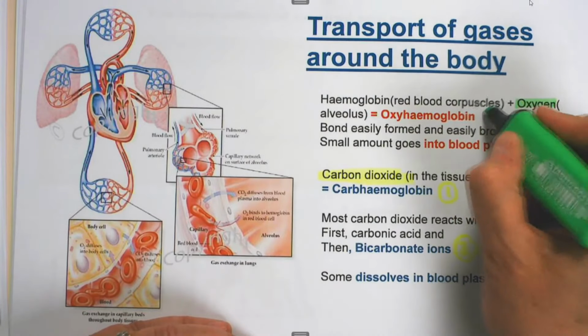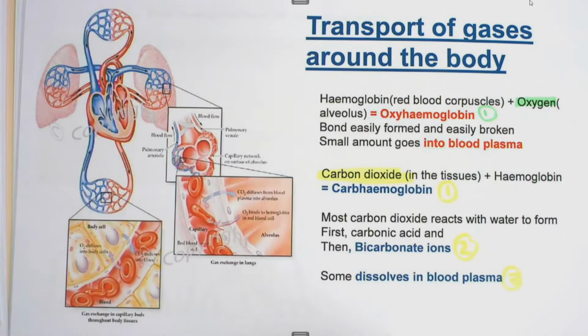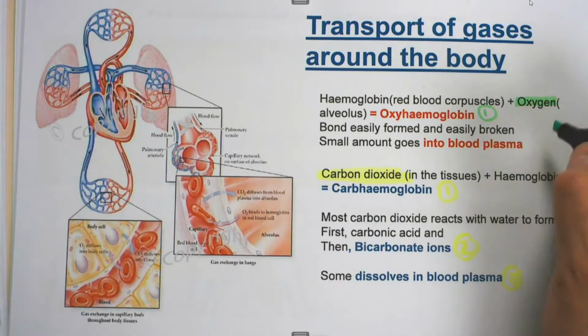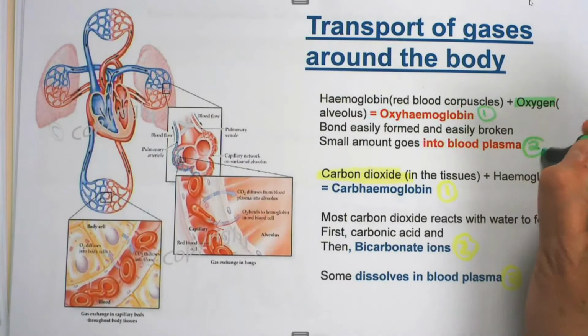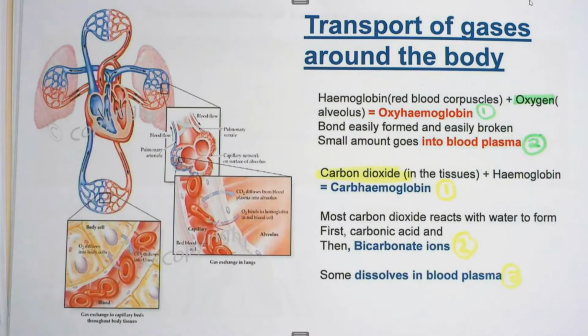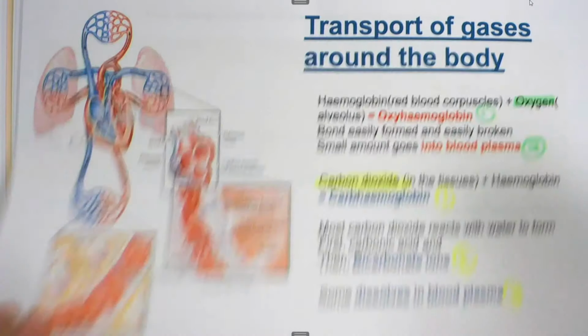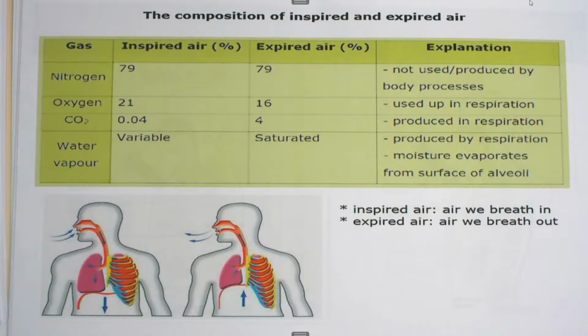The first one is that it is transported in the form of oxyhemoglobin, and then also you get that in the blood plasma. Okay, so that's the two taxis, one for the oxygen and the other one for the carbon dioxide.